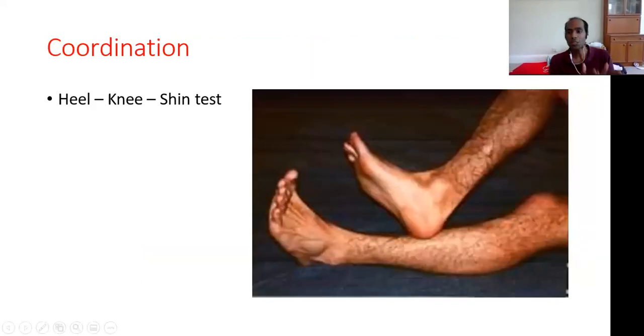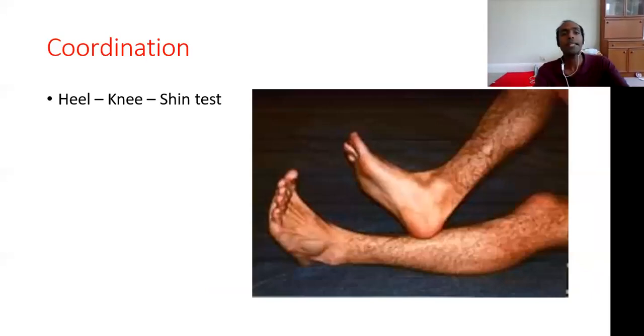So inspection, tone, power, reflexes. Then we go to coordination, usually done by the heel-knee shin test in the lower limbs. Now, also remember, if the patient has any weakness of the legs, it might be difficult to comment on coordination, because if the legs are weak, the coordination might be abnormal, but that's not because of the cerebellar disease.